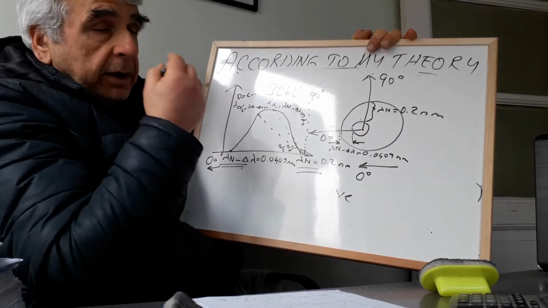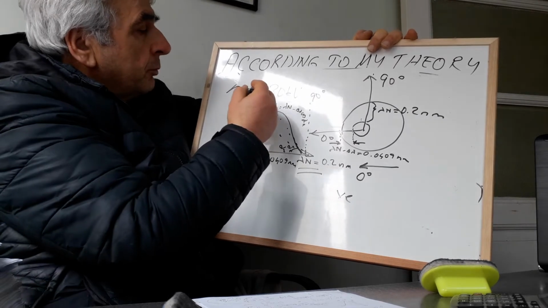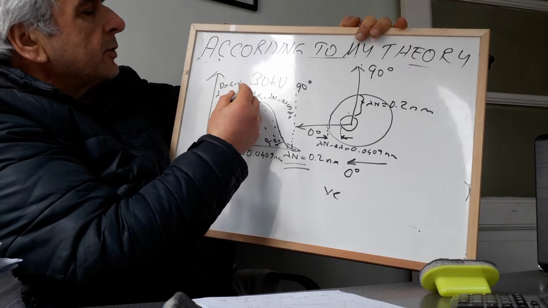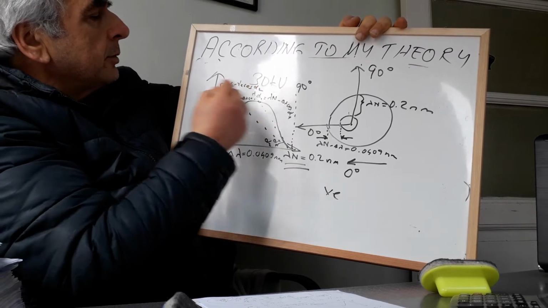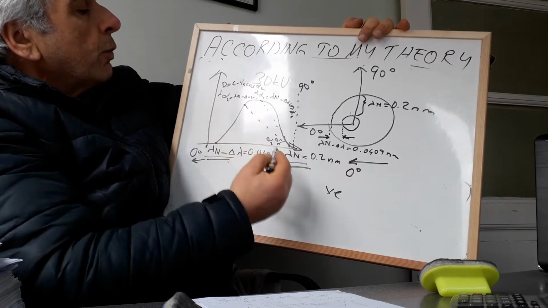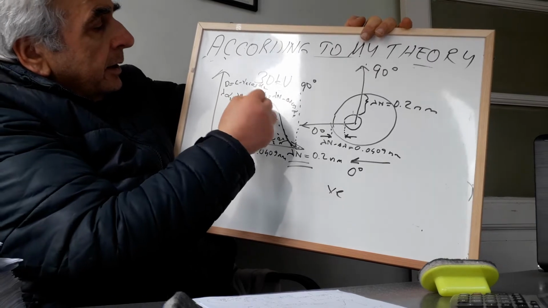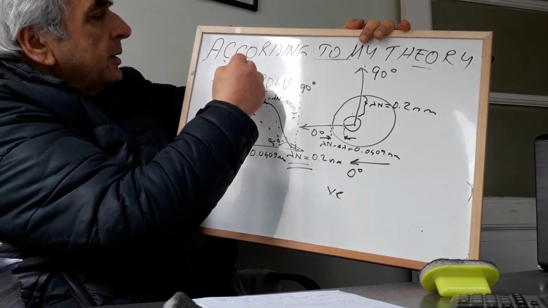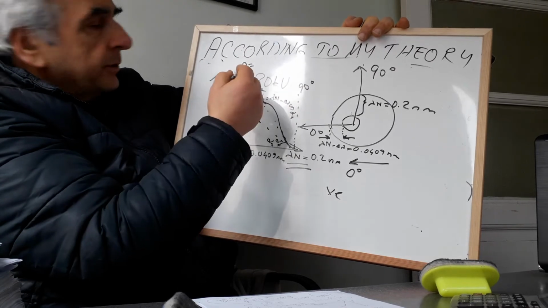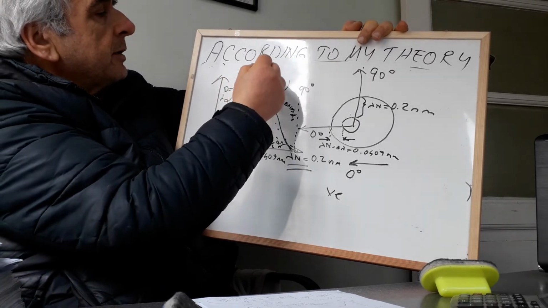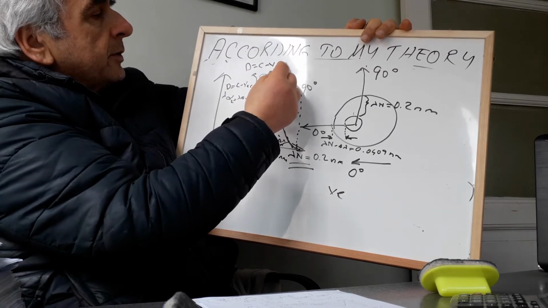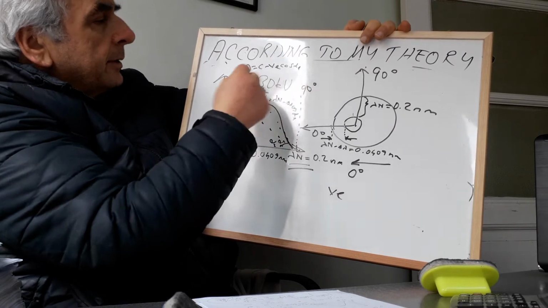According to my theory and my formulas, d equals c minus ve cosine alpha 2. Different wave velocity. In that point, the wave velocity is c minus electron velocity cosine alpha 1.